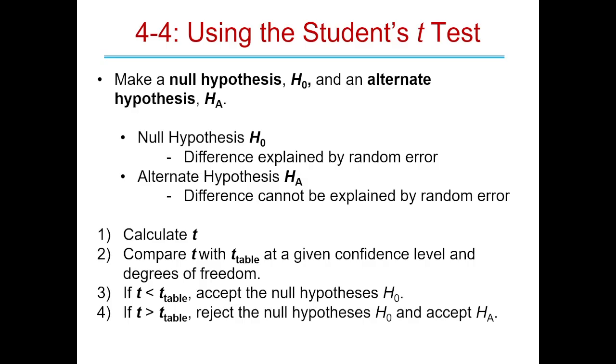So they all have sort of the same overall trend, the same overall steps. You're going to calculate a t-value. I mean, duh, right? You compare your t-value with your t-table.